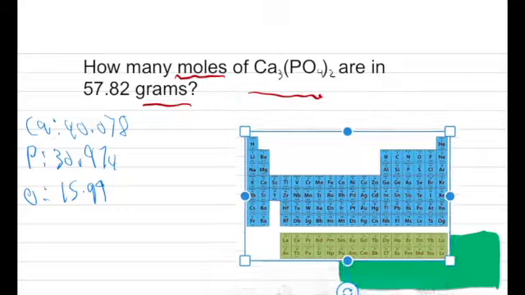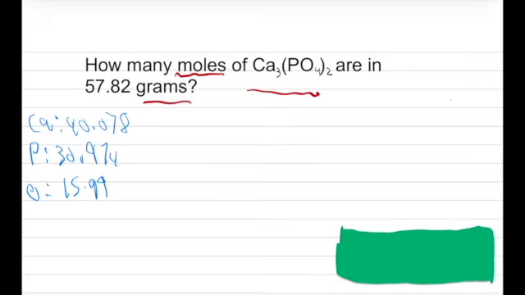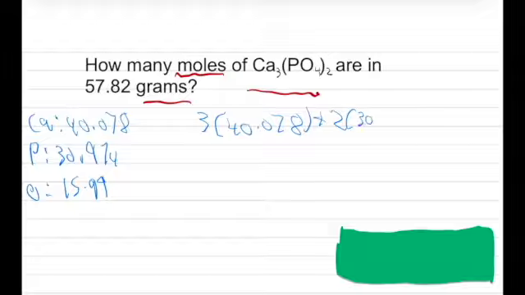So let's move this away and find the total molar mass. We've got 3 of calcium, so it's 3 times 40.078 plus 2 times 30.974 plus 4 times 15.99.